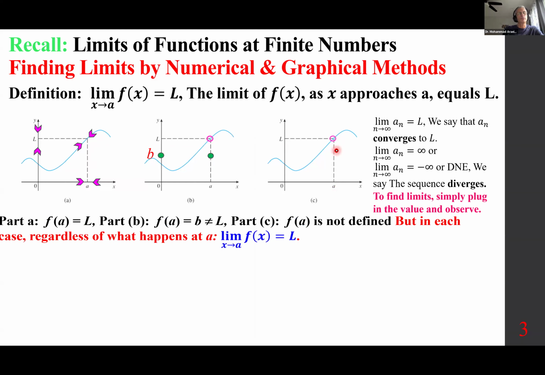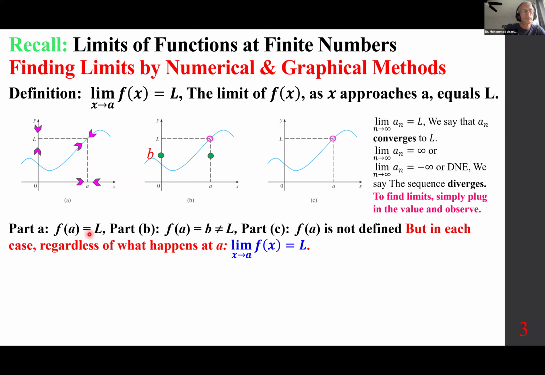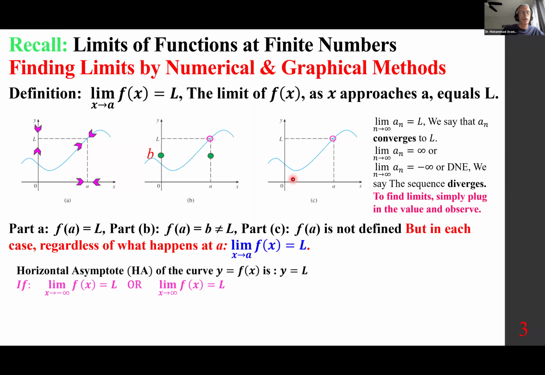Therefore, we write: part A, f of a is L. Part B, f of a equals b, which is not equal to L. Part C, f of a is not defined. But in each case, regardless of what happens at a, the limit of f of x as x approaches a is given, and it's equal to L. However, in these two cases, the function is not continuous at x equals a.